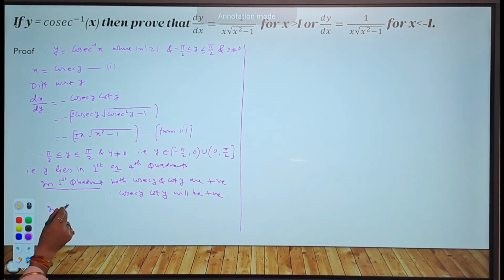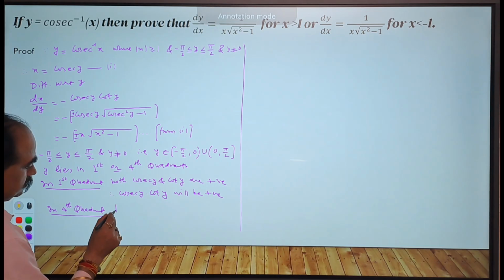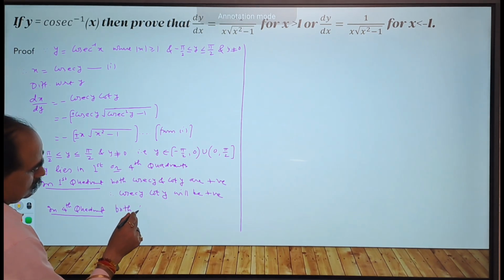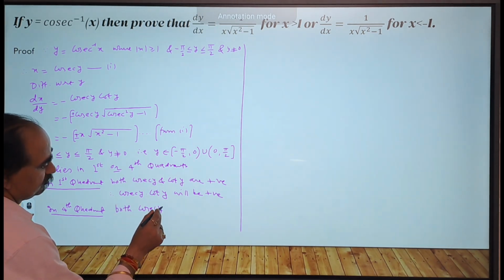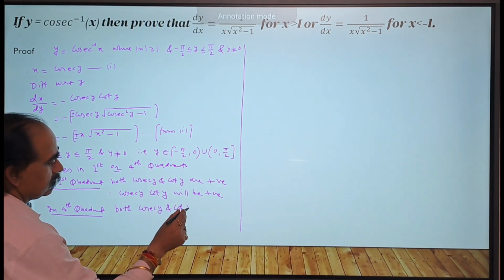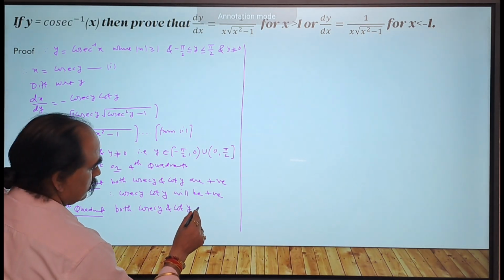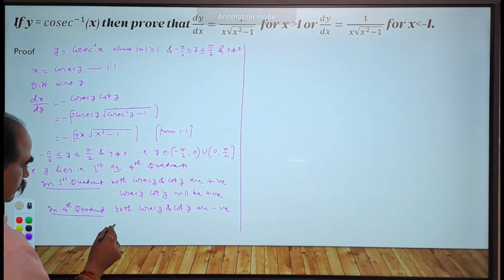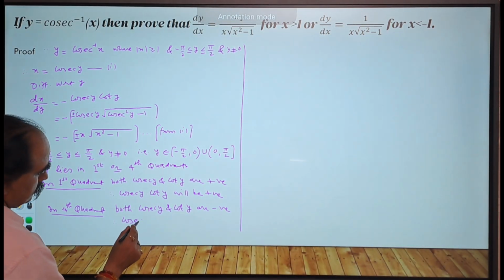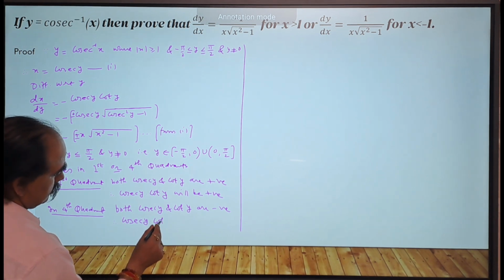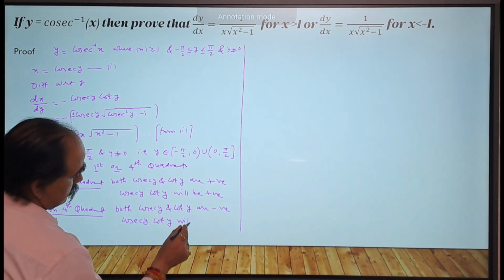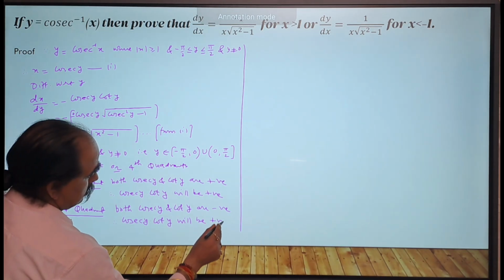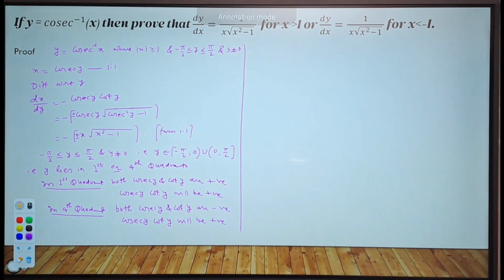In the fourth quadrant, both cosec y and cot y are negative. Therefore, cosec y and cot y product will be positive.